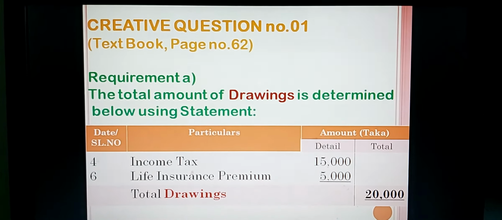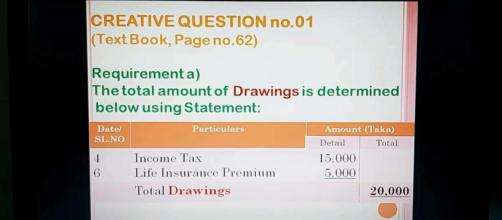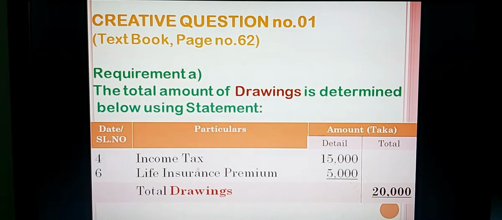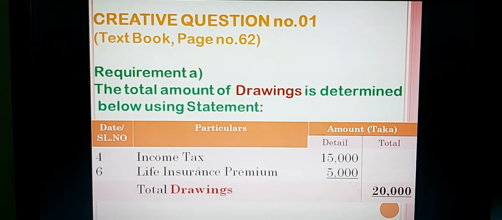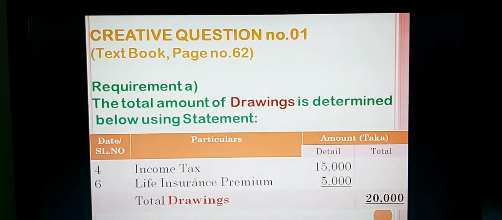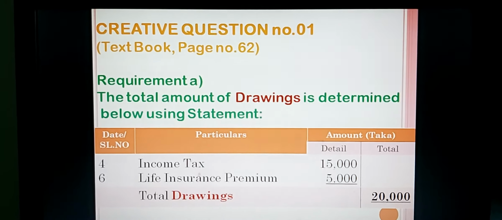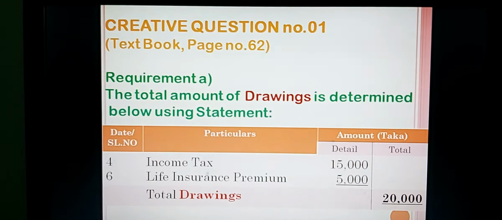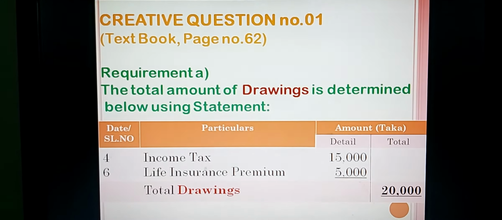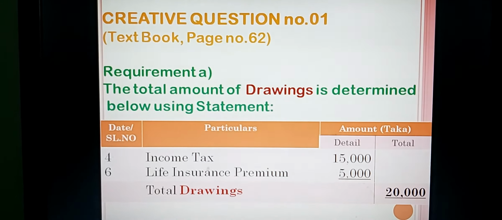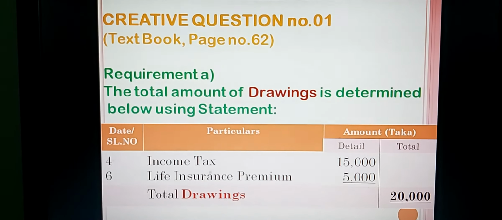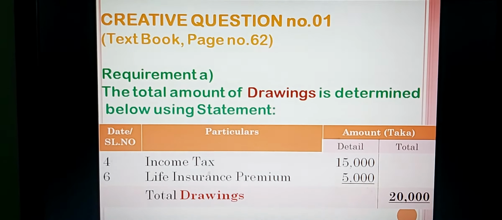Now you can start requirement A. You have to follow this format all the time for requirements A, B and C. The total amount of drawings is determined by using a statement. This statement has already been used several times in different types of creative questions in different chapters.